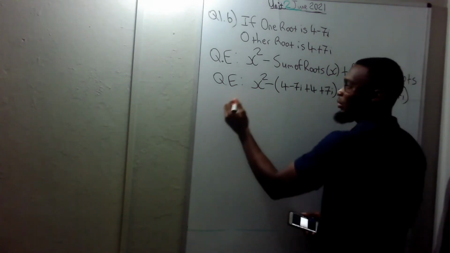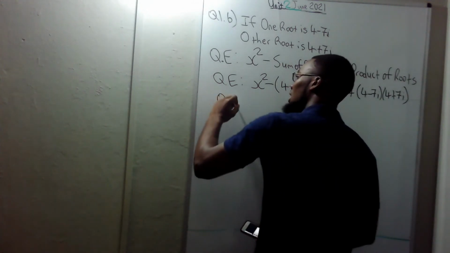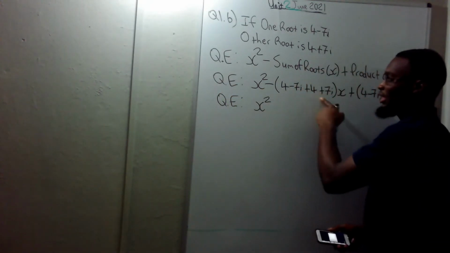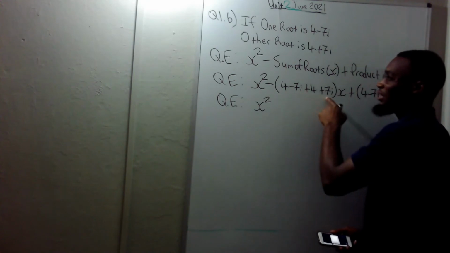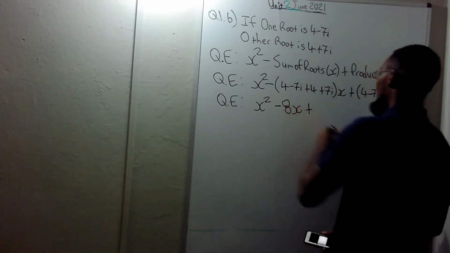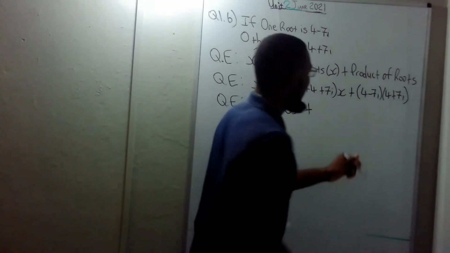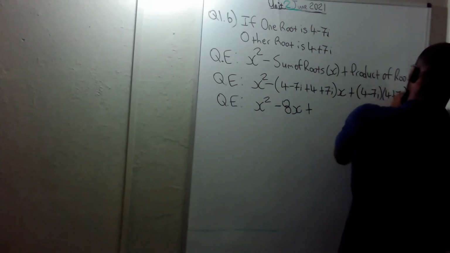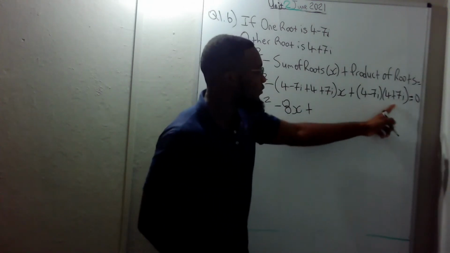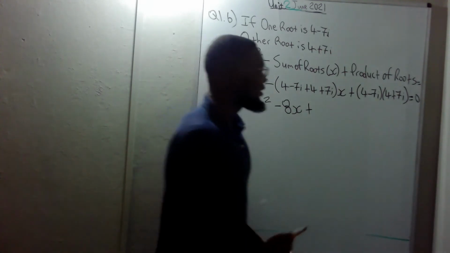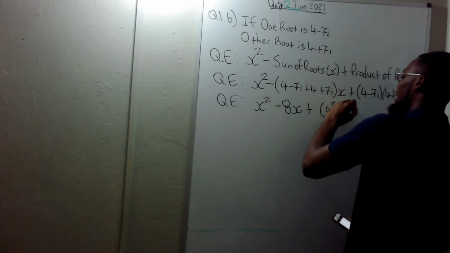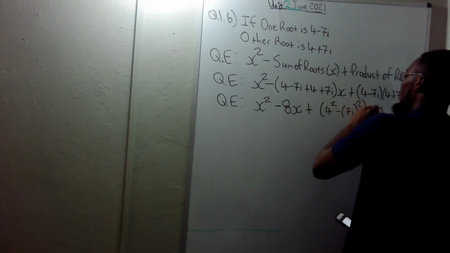When we multiply them, the quadratic equation is given by x squared, 4 plus 4 is 8, minus 7i plus 7i that's gone, so that's minus 8x plus 4 minus 7i times 4 plus 7i equals 0. This is now the difference of 2 squares, so that is plus 4 squared minus 7i all squared equals 0.